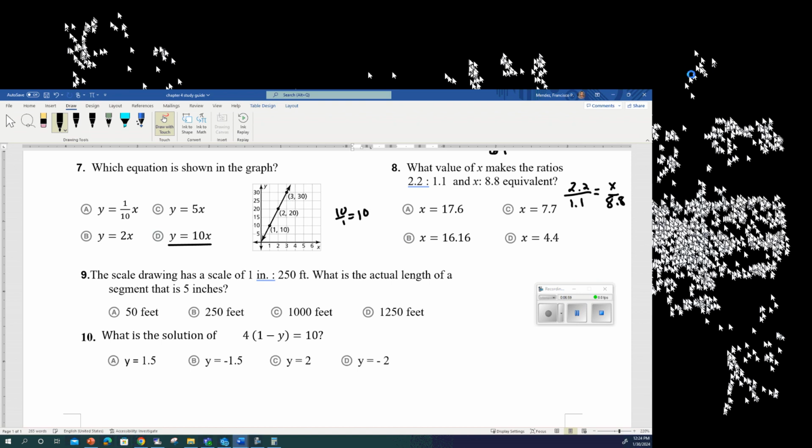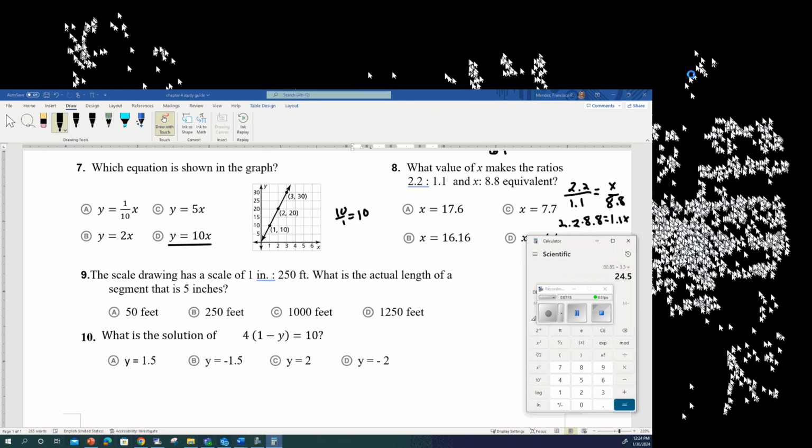When I do this, I'm going to have 2.2 times 8.8. That has to equal 1.1 times X. 2.2 times 8.8 is 19.36.